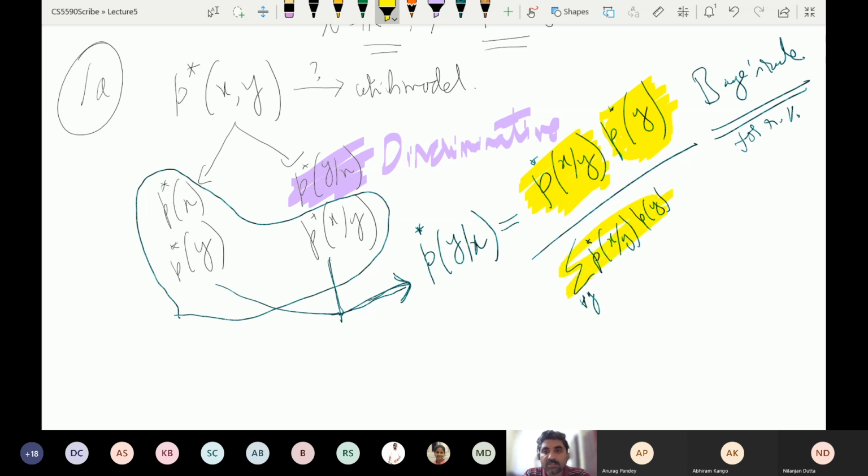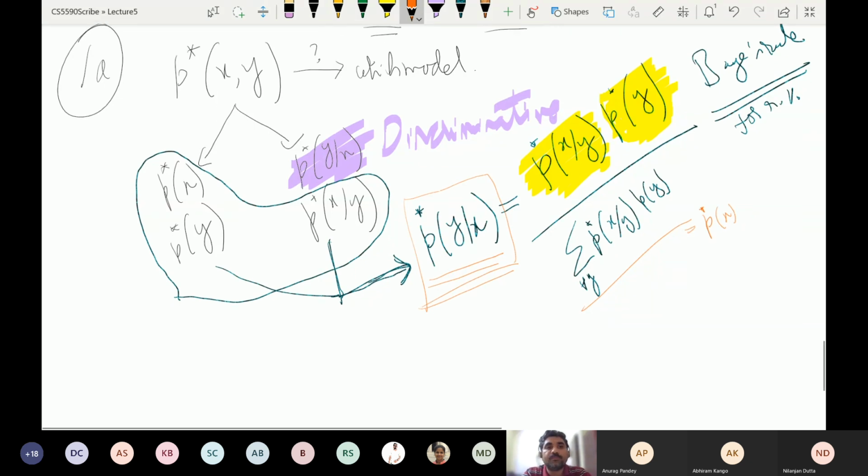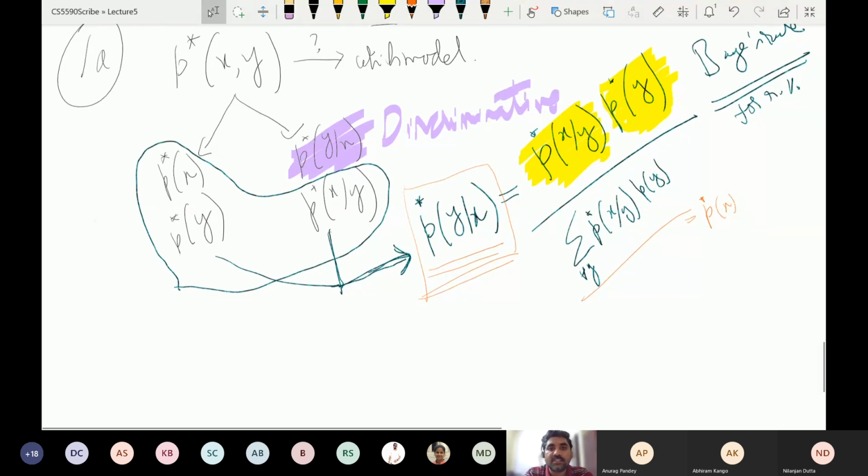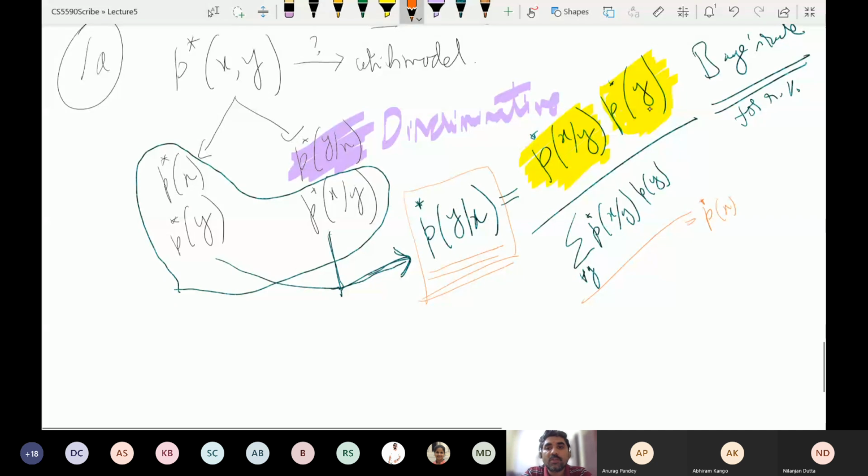This is nothing but p of x, right? And from all of these you can also compute this, and this is what is needed in the second step. So the idea is to model the class conditionals and the marginal over y.